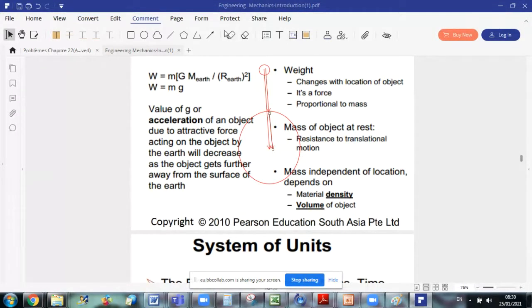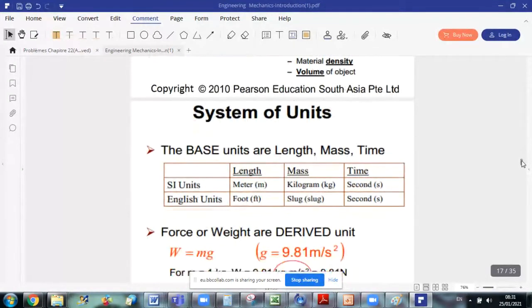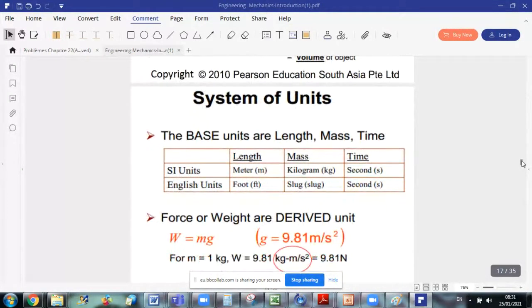Now, considering the system of units, we have two main systems that you will work with in this course. We have the SI units and the English units. You are familiar with SI units, the International System of Units. Mainly for length, we have meter, for mass, kilogram, and for time, seconds.